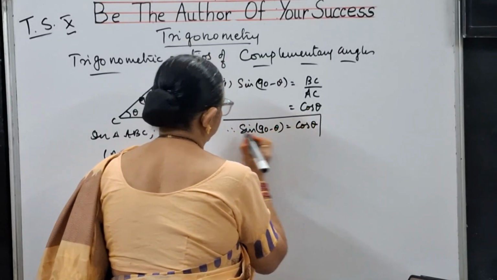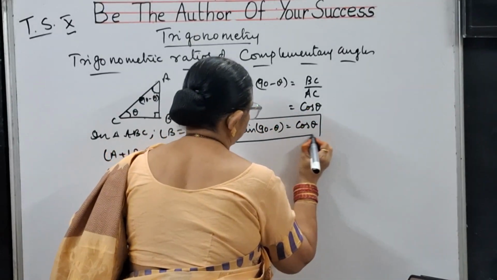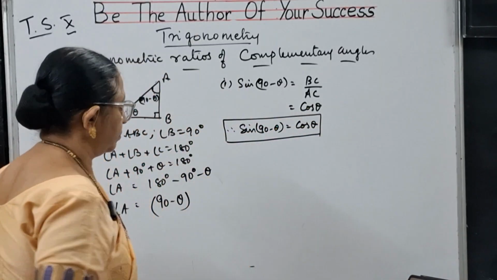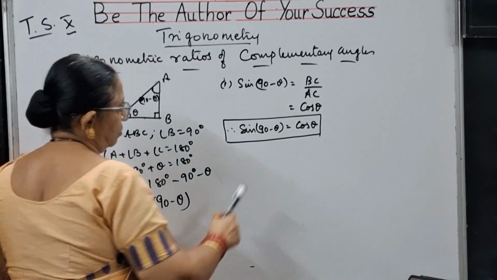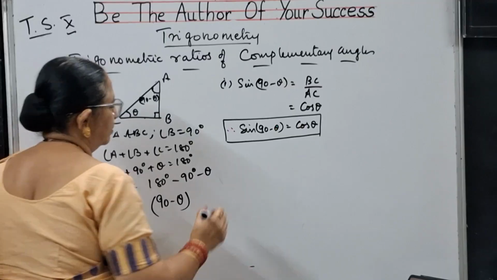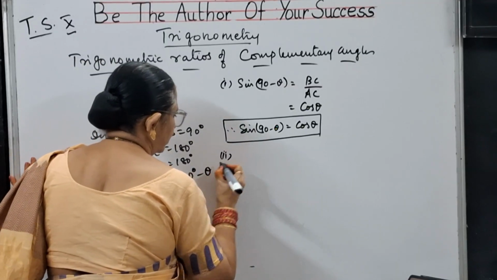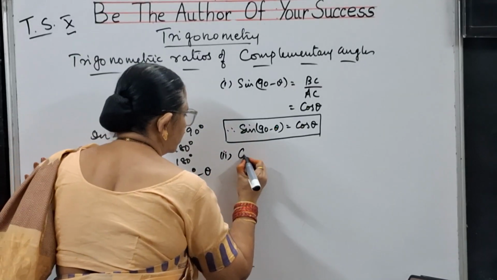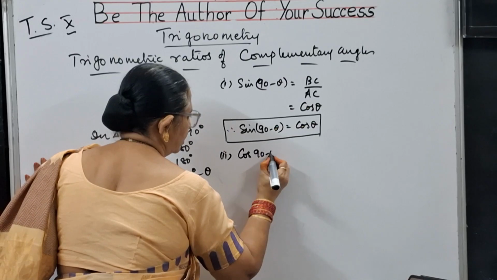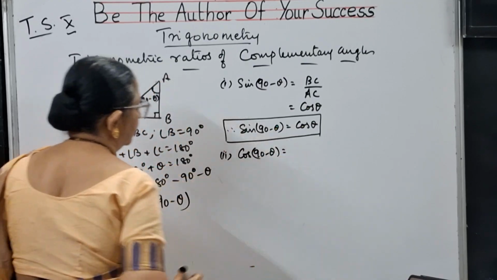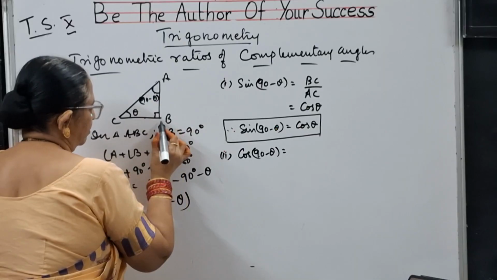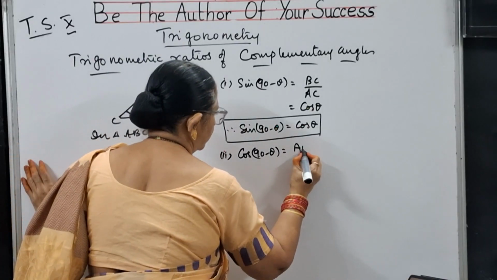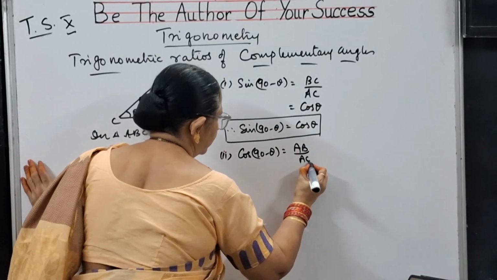So this is one property you are getting for further sums, children. You should remember this: sin 90 minus theta is cos theta. Now let me talk about cos 90 minus theta. Adjacent side is AB by AC.